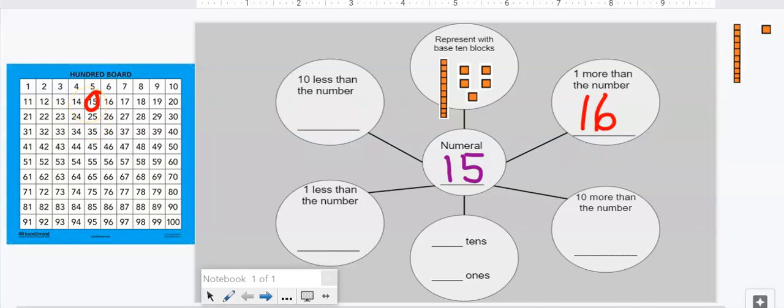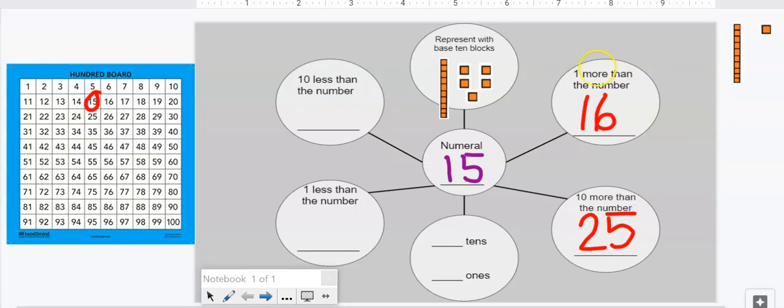Let's count 15 and count 10 more. 1, 2, 3, 4, 5, 6, 7, 8, 9, 10. So if I have 15 and I count 10 more, then that's right, I have 25.